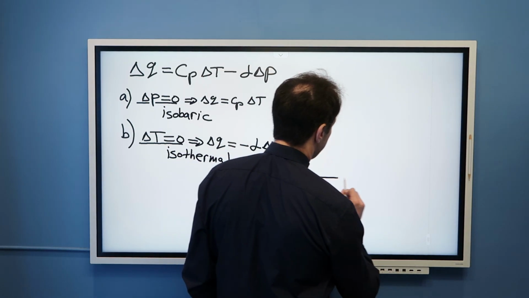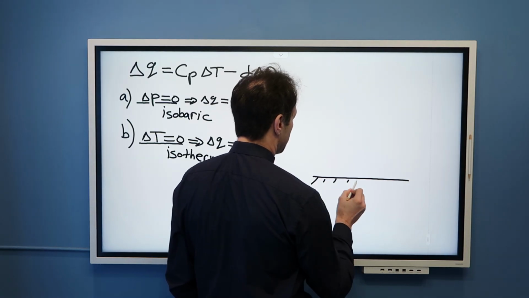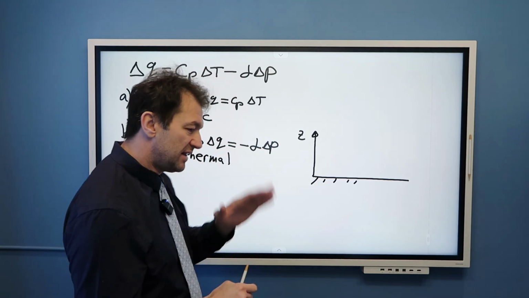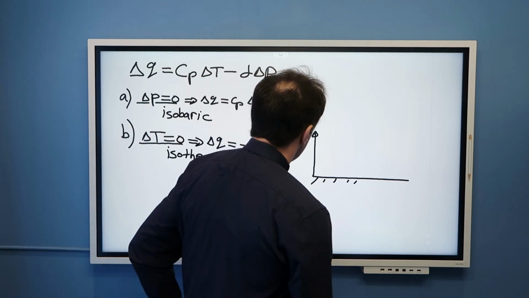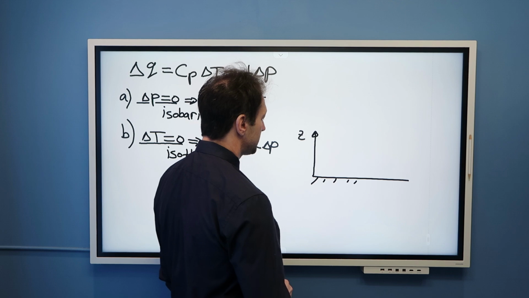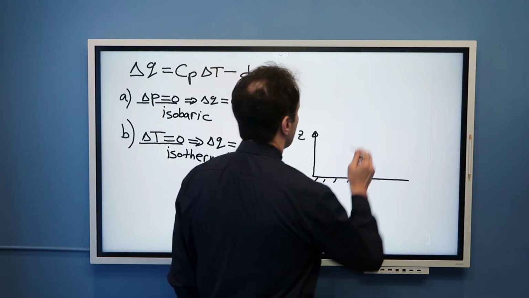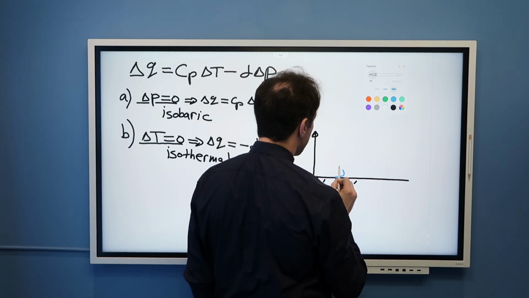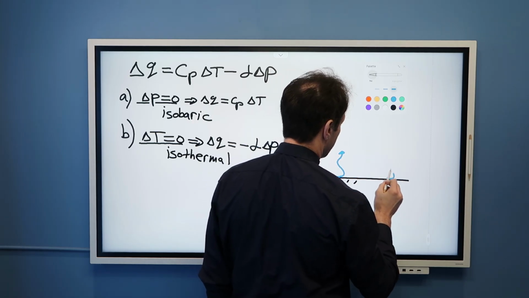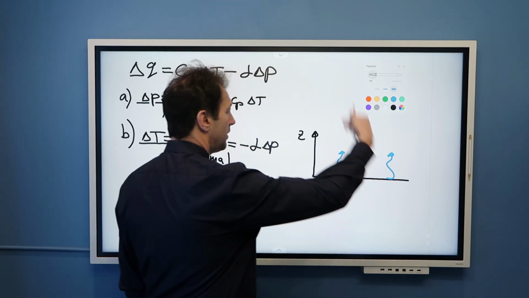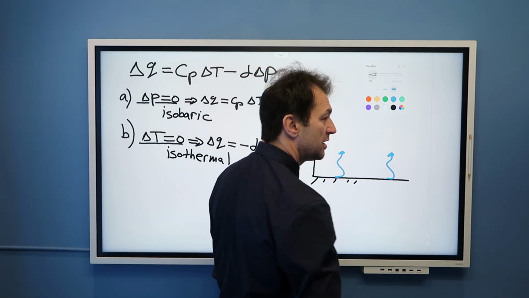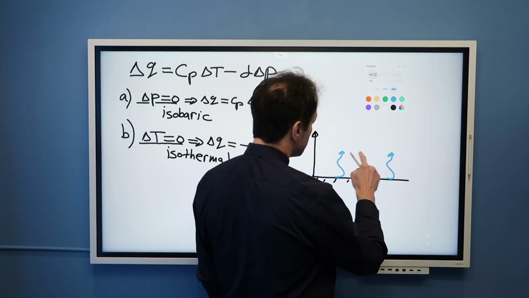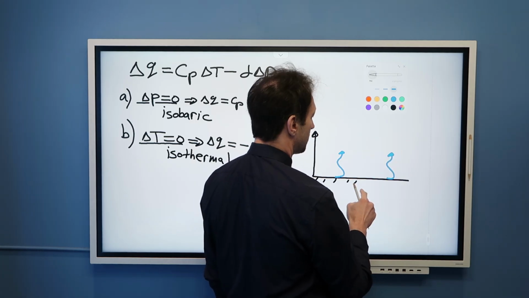Here is the Earth's surface. So this is height Z. And we studied in chapter 2 of this playlist that during the night, Earth is losing energy through radiative cooling. So the Earth is radiating energy in the long wave spectrum, and then this air ends up being warmer than the surface.